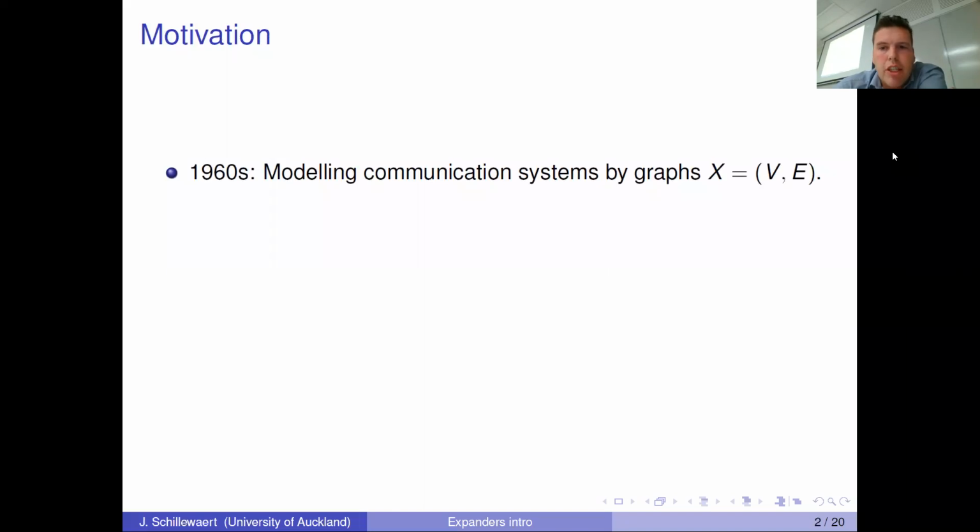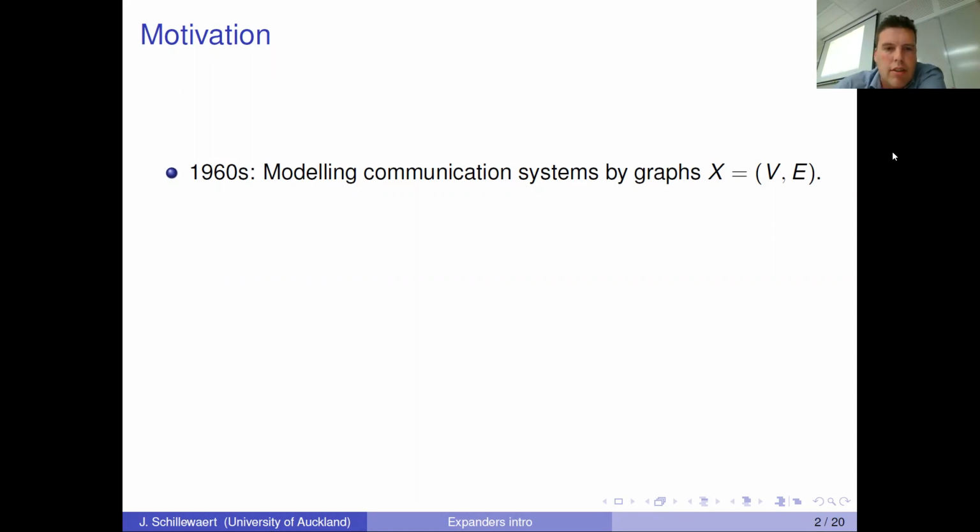So first, a bit of motivation. Expander graphs go back to the 1960s, where they were introduced by engineers to model communication systems. When you have a communication system or a network, you can of course model it by a graph, by having your devices be vertices and the connections between your devices be edges.